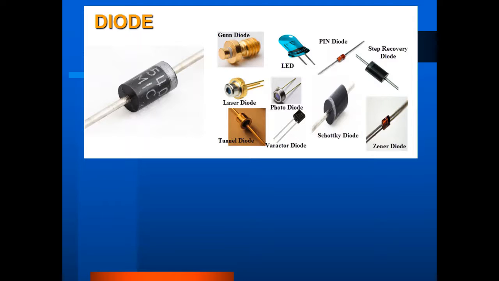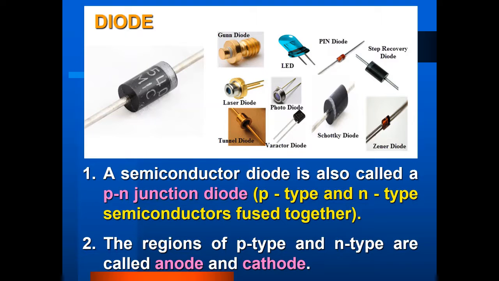Next, we look at the diode. These are some examples of the diode. A semiconductor diode is also called a P-N junction diode. Why do we call it a P-N junction diode? Because it consists of P-type semiconductor and N-type semiconductor fused together.